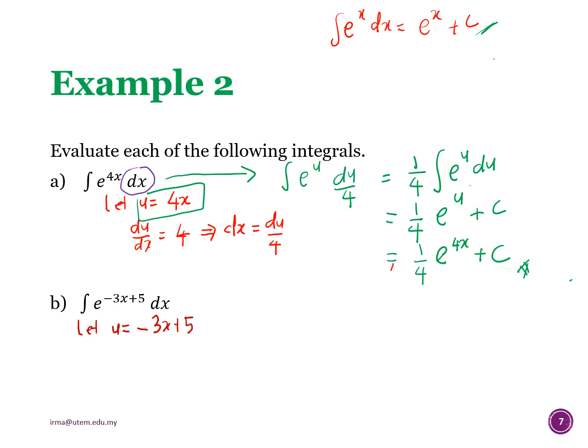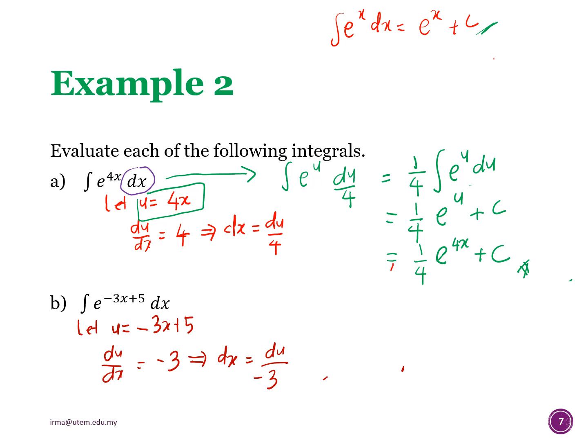So you will have du over dx equal to negative 3. From here you can rearrange so that dx equals du over negative 3.